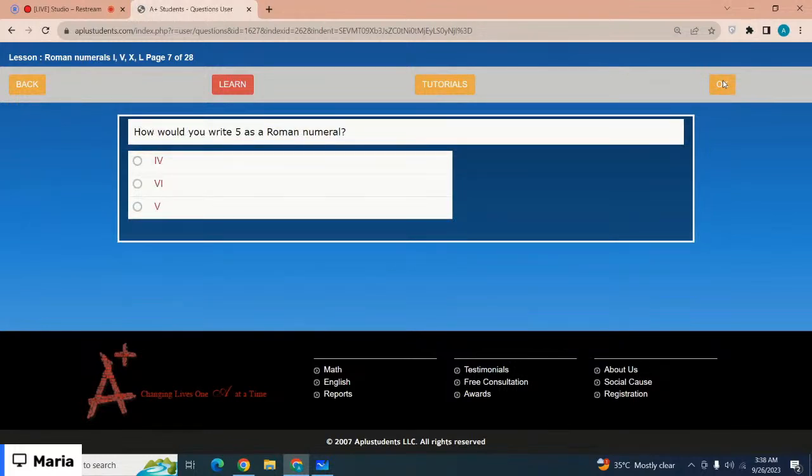How would you write 5 as a Roman numeral? Which is the correct option? Yes, V is for 5. That would be the last option.